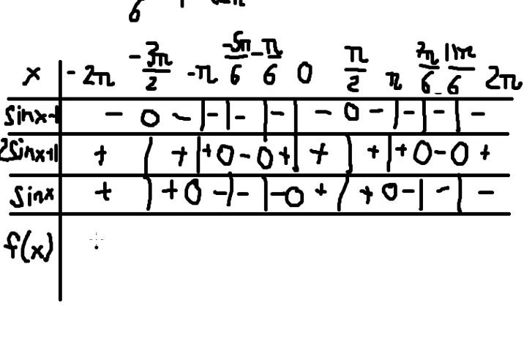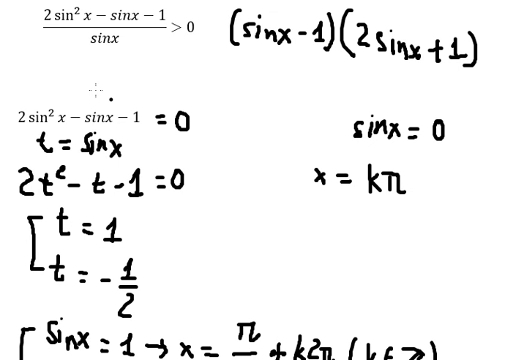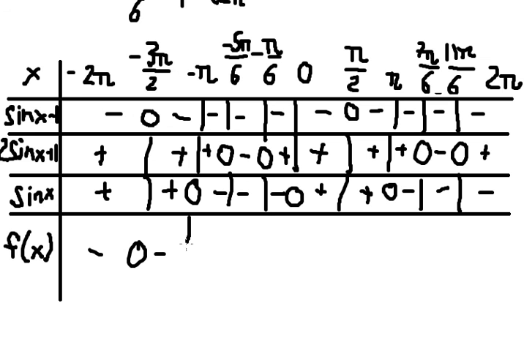Now we combine the negative value with two positives. We have negative, 0 here, and negative here. Because sin x equals 0, we cannot divide by 0 here, so we put double lines.